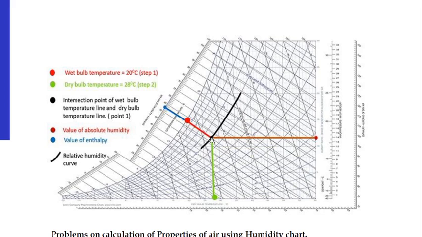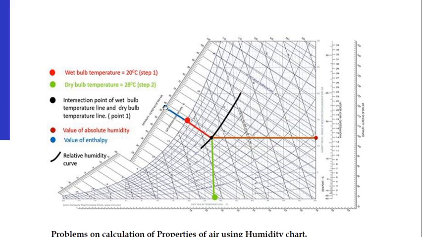Sometimes the point may fall between two lines, so a given line may not pass through it. If it falls between two percentages, we can take an averaged calculation and check it out.